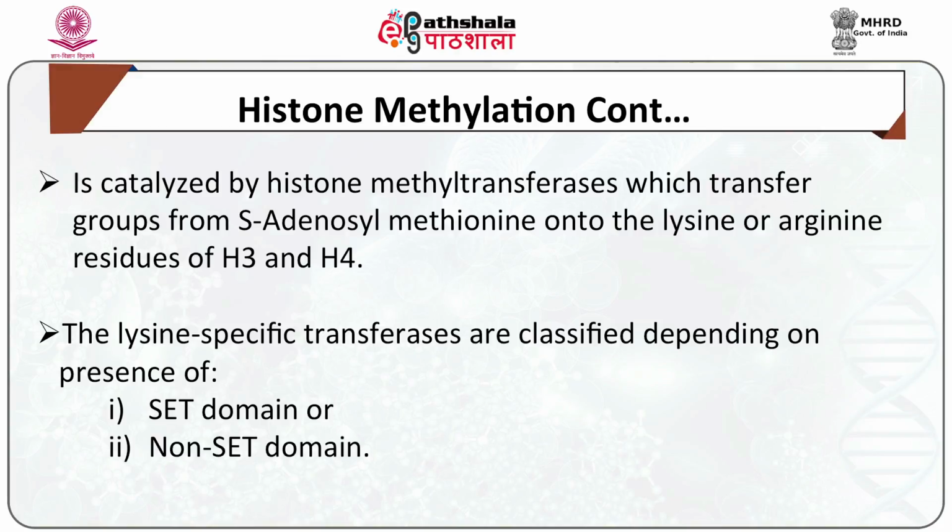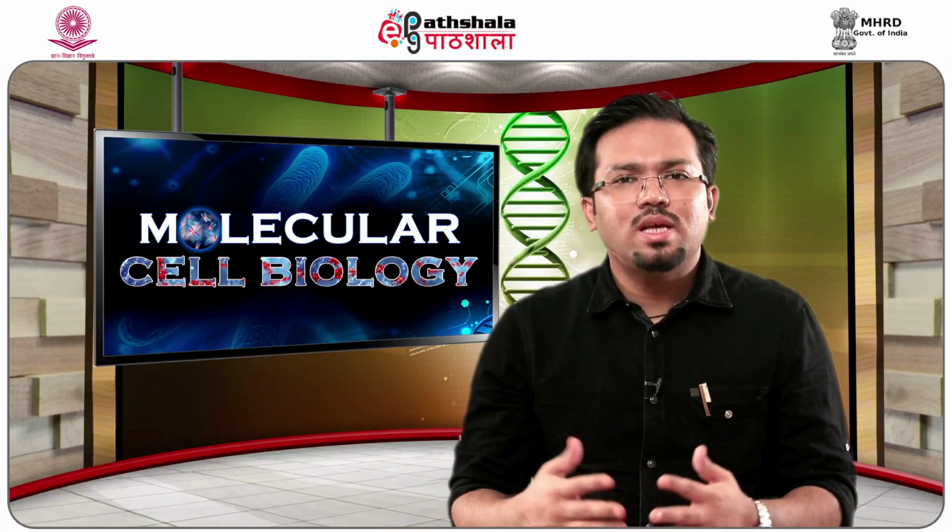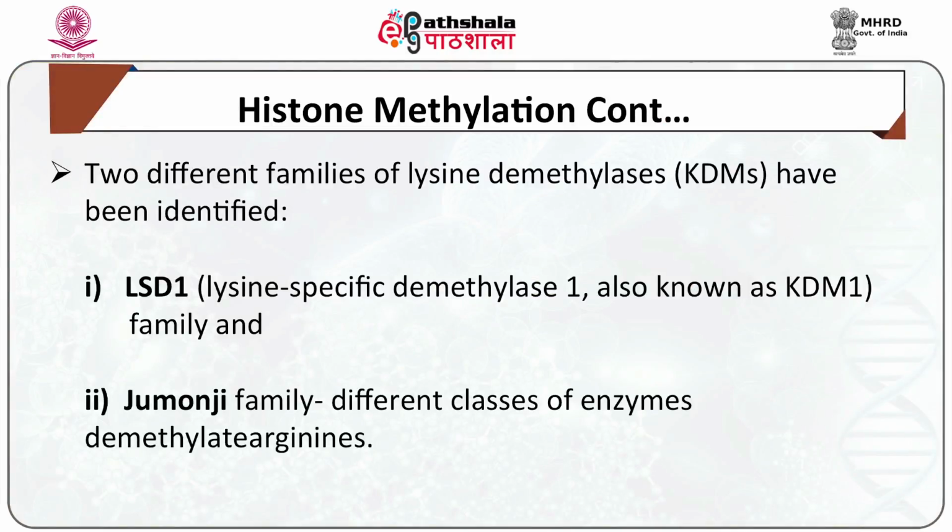The histone methyltransferases are specific to either lysine or arginine. The lysine-specific transferases are further classified depending on the presence of the SET domain or non-SET domain. Like acetylation, methylation is reversible, and 2 different families of lysine demethylases, KDMs, have been identified.